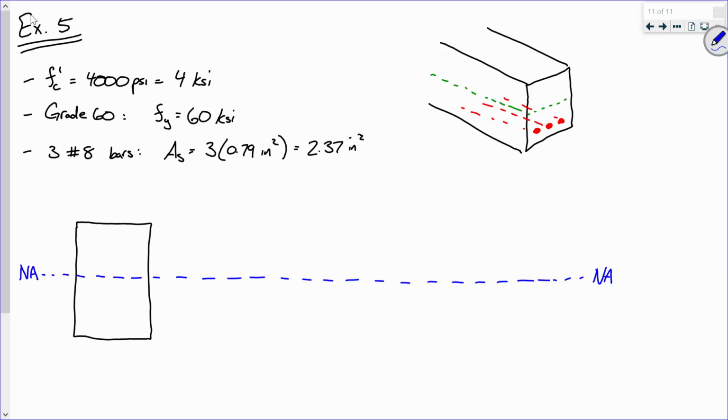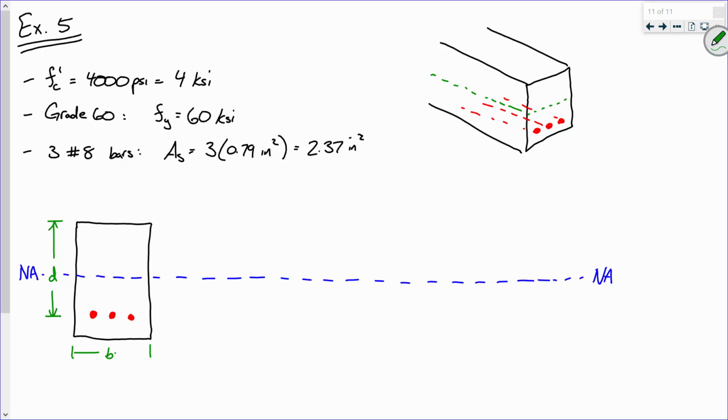Okay. Now, we've got rebar down here. So help me out with some dimensions. What do we call that dimension right there? D. There we go. All right. What do we call this dimension?